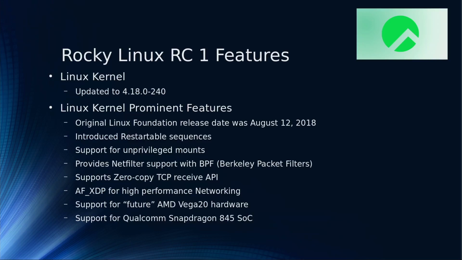Or you might still find it, but it is not the current offering from AMD. Let's put it that way. Support for Qualcomm Snapdragon 845 SoC, system on a chip. The 845, again, is not the latest CPU from Qualcomm either. But this kernel does provide support for those.